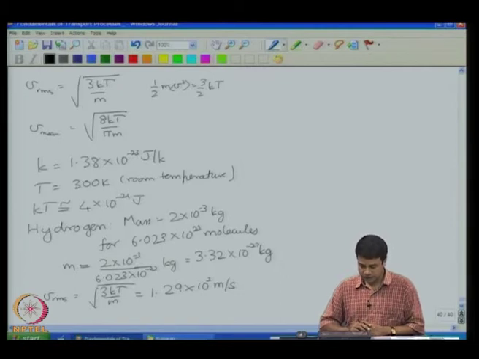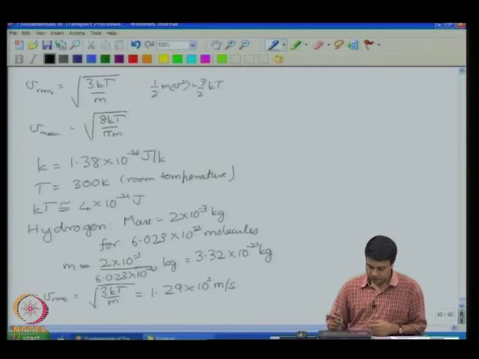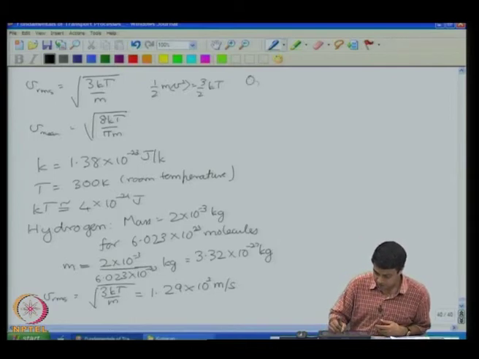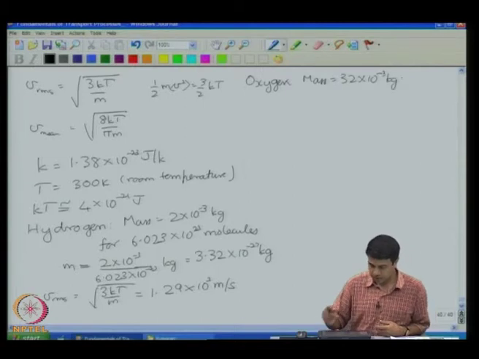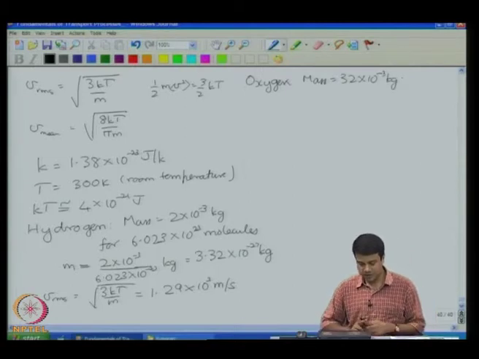If you take an oxygen molecule, for example, the mass is 32 into 10 power minus 3 kilograms per mole. So, the mass is 16 times that for hydrogen.